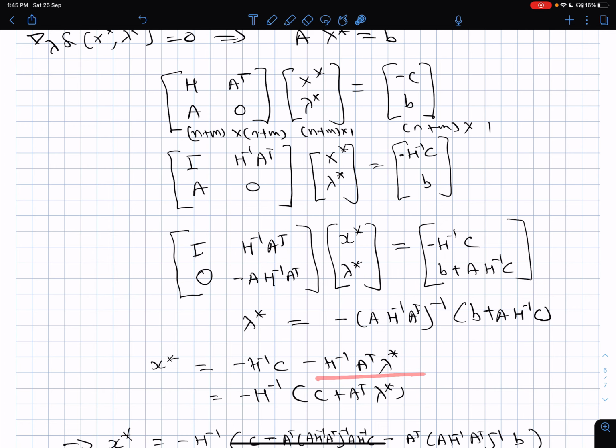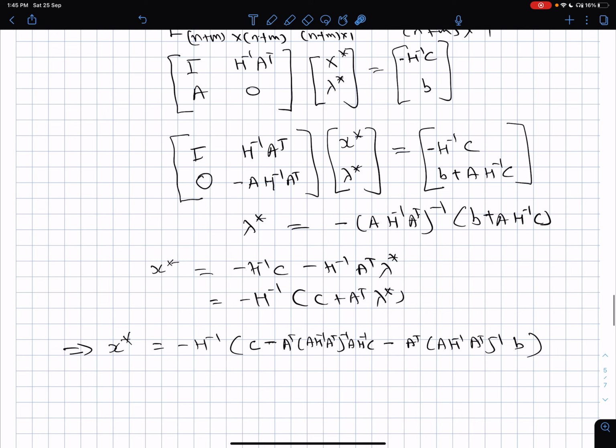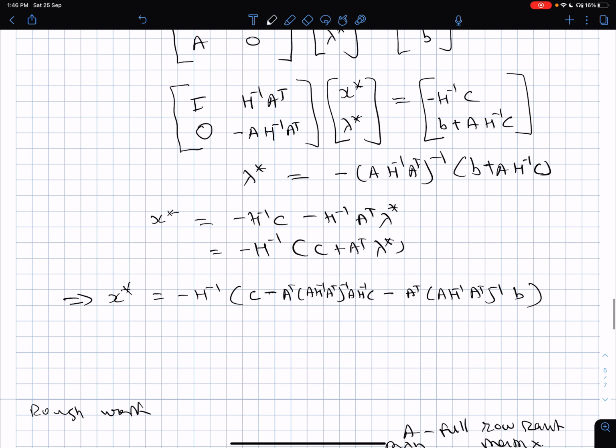So minus of H inverse (c plus A transpose lambda star), and then substitute the value of lambda star here. This is a messy expression. I am not going to read it out, but the importance of this expression is that it is the closed form solution to the equality constraint quadratic programming problem where H was taken to be positive definite.